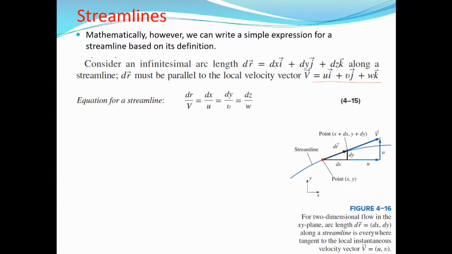It's tangential. So we reproduce the velocity vector, so this is u and v. Here, for two-dimensional flow in the xy plane, the arc length along a streamline is everywhere tangent to the local velocity vector. So here we're considering two-dimensional flow.